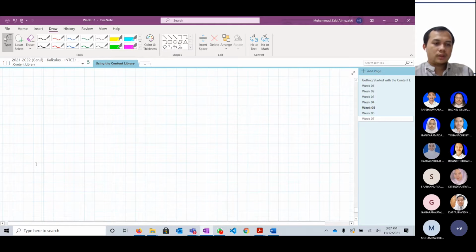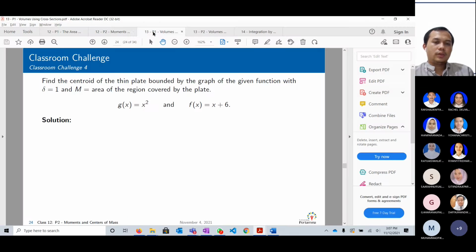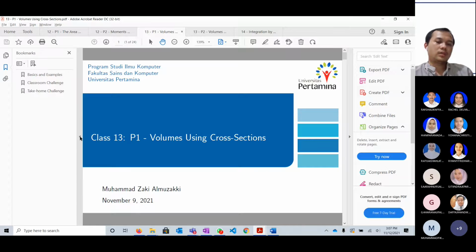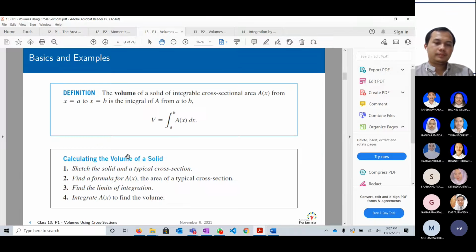Now I want to talk about the next material, which is about volume using cross sections. If we want to compute the volume of a solid of integrable cross-sectional area A(x) from a to b, it is basically the integral of A from a to b.